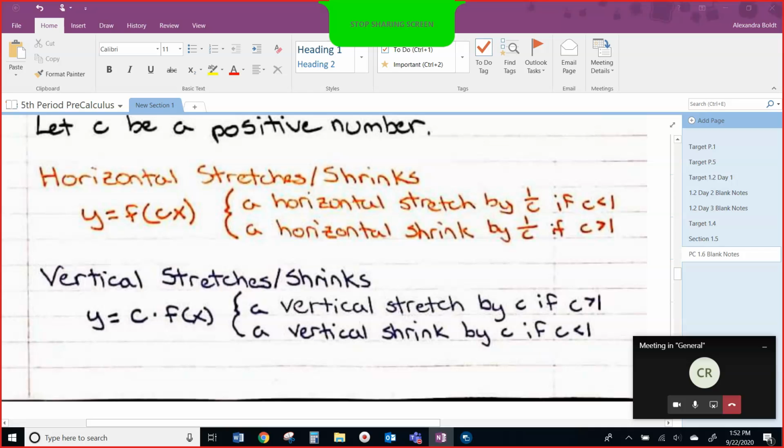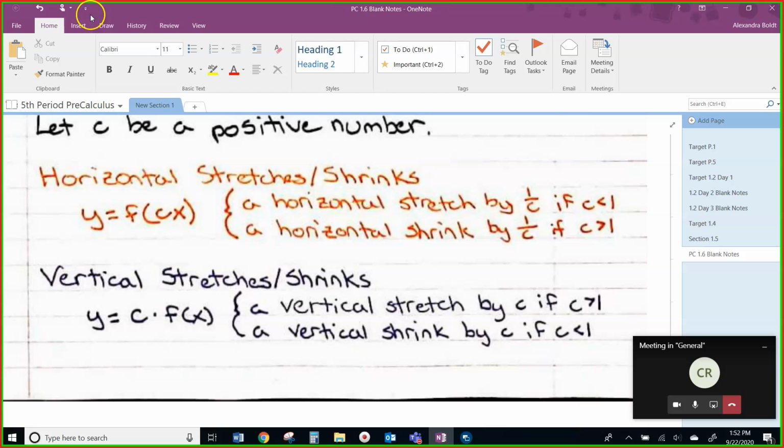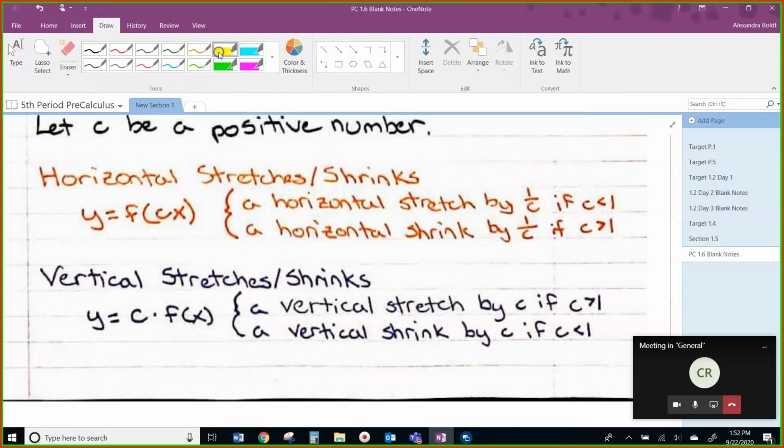And as you see here, this is the weird part: it's a stretch by 1 over c when it's the smaller number, or it's a shrink by 1 over c if it's a bigger number. So if the number is smaller than 1, it's actually stretching it. That's that opposite part that we kind of encounter here, where if it's greater than 1, if it's much, much bigger, it's actually shrinking it.